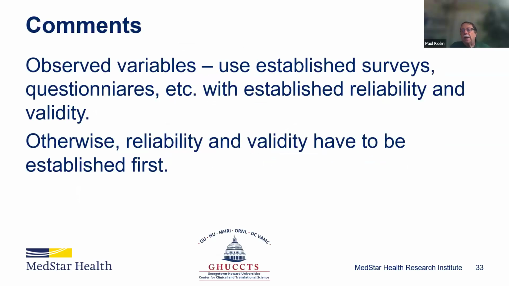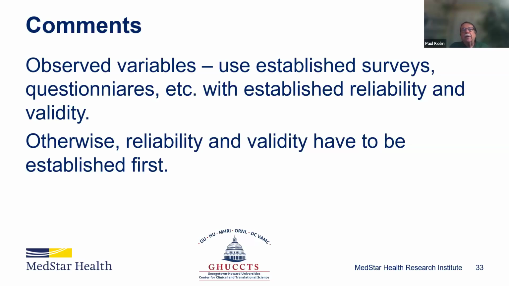So let me end up here by making some comments. For the observed variables, like we've seen, if you're looking at surveys or patient-reported outcomes, try as hard as you can to use ones that have established reliability and validity.